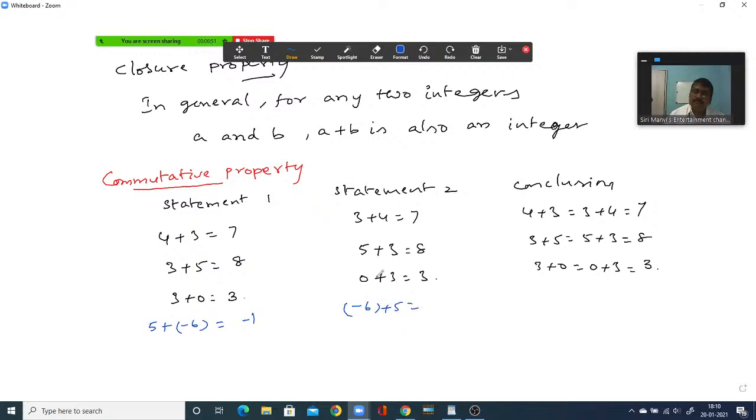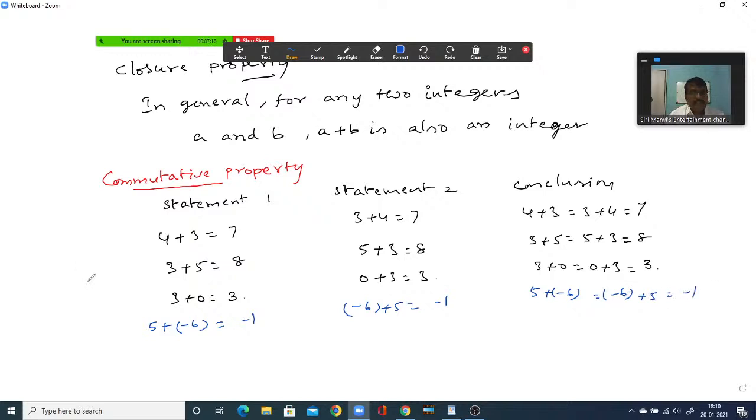Here also, forget the signs first. You have to do 6 minus 5, which is 1. Then the bigger number has the minus sign, that's why we have minus 1. So 5 plus minus 6 and minus 6 plus 5 are equal to minus 1.